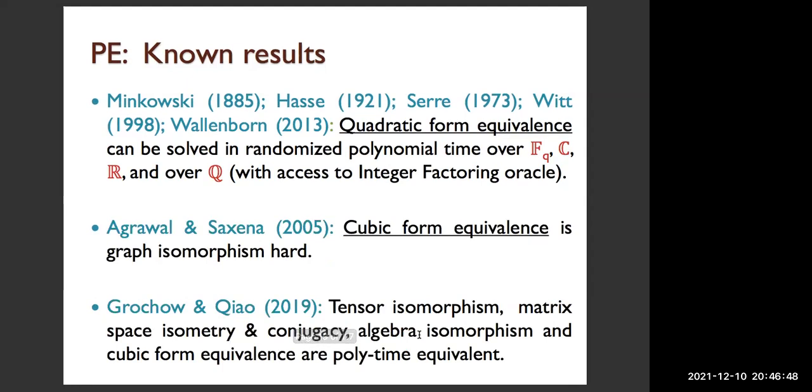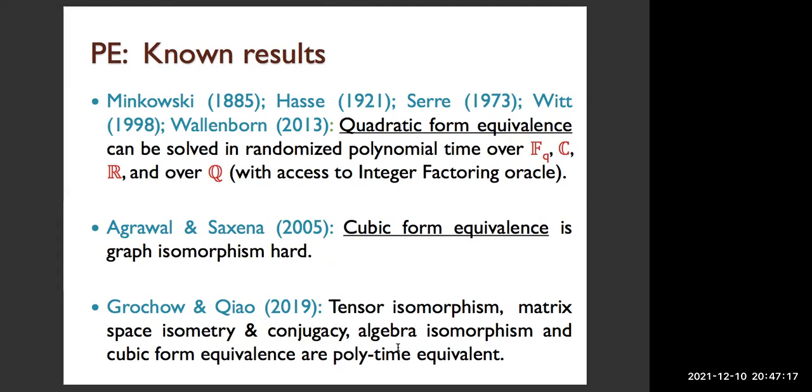But the problem quickly becomes hard again, right? If you go from degree 2 to degree 3, then there are indications that it is hard. For example, we know that cubic form equivalence is graph isomorphism hard, and if that doesn't convince you that it is hard, because we now know of efficient algorithms for graph isomorphism, there are results which suggest that it is possibly harder than GI.